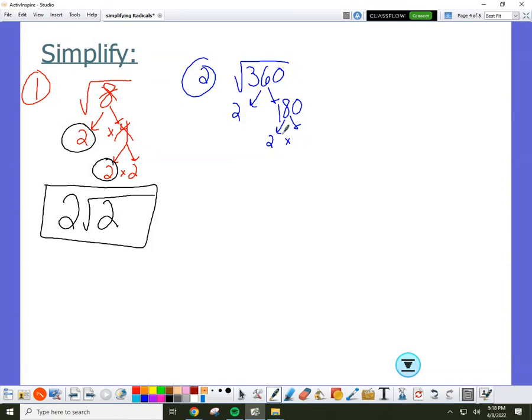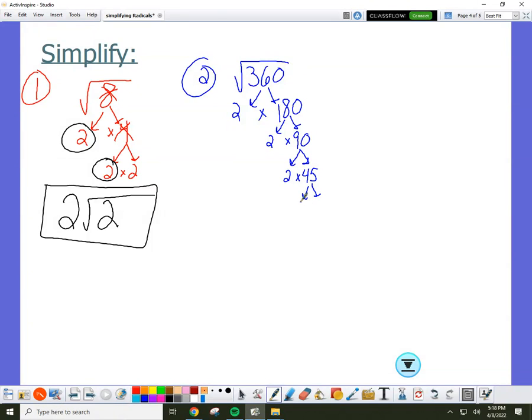So 2 times 90. 2 is a prime factor, but 90 is still not. So we'll break 90 up, which will give me 2 times 45. Okay, 2 is a prime factor. 45 is not, so we got to keep on going.